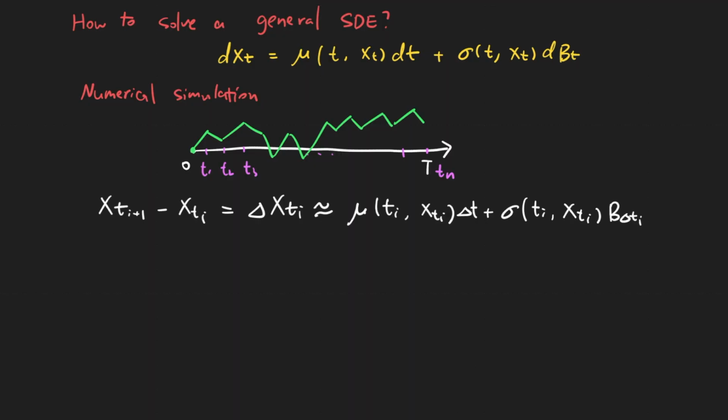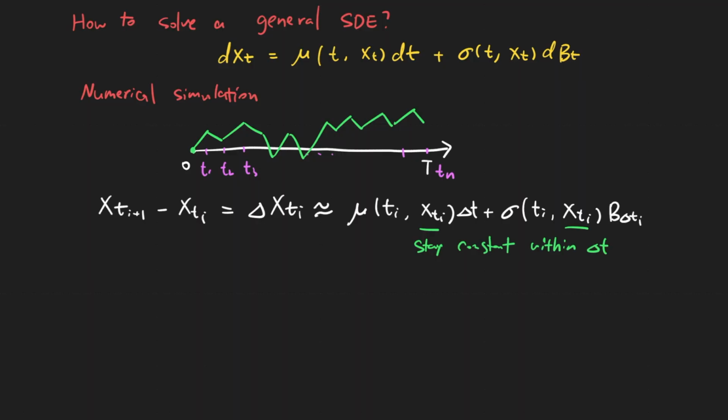So we basically use the initial value to plug into the functions mu and sigma. Basically, in a small time interval, this quantity stays constant within delta t.